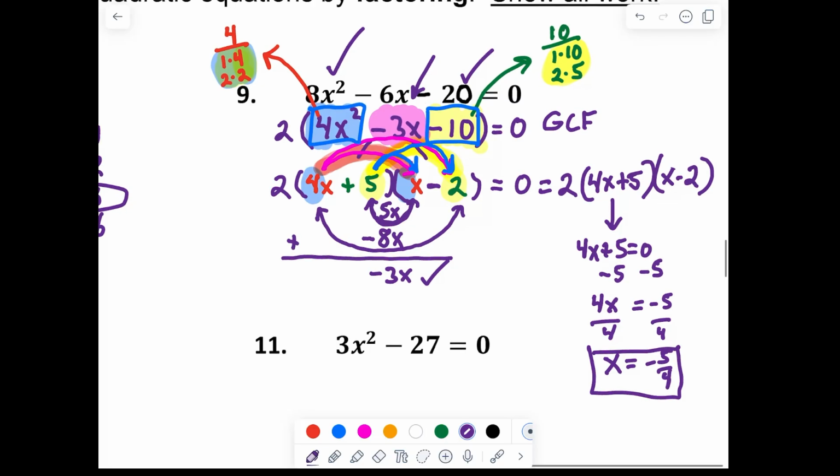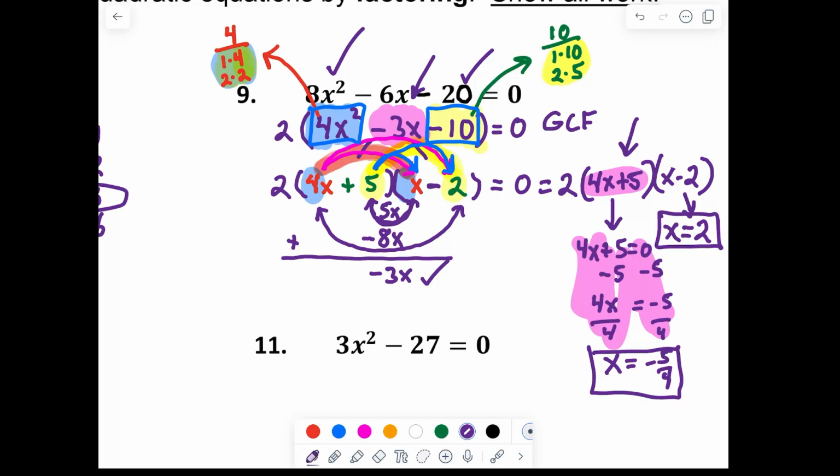All right, but these factors with x in it, I think, okay, well, what value of x would make that 0? I could set it equal to 0. What will make 4x plus 5 equal to 0? And you soon see, oh, that's just a two-step equation. I'd be subtracting 5 and then dividing by 4. 4x equals negative 5, and then divide by 4 on each side to give me x equals negative 5/4.